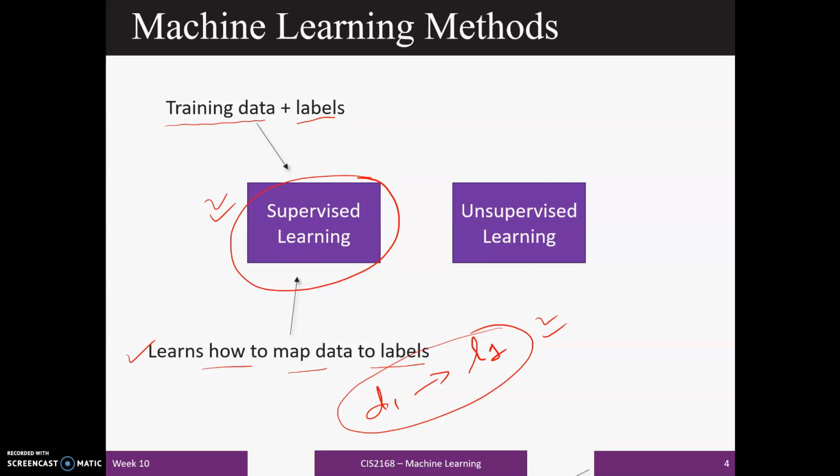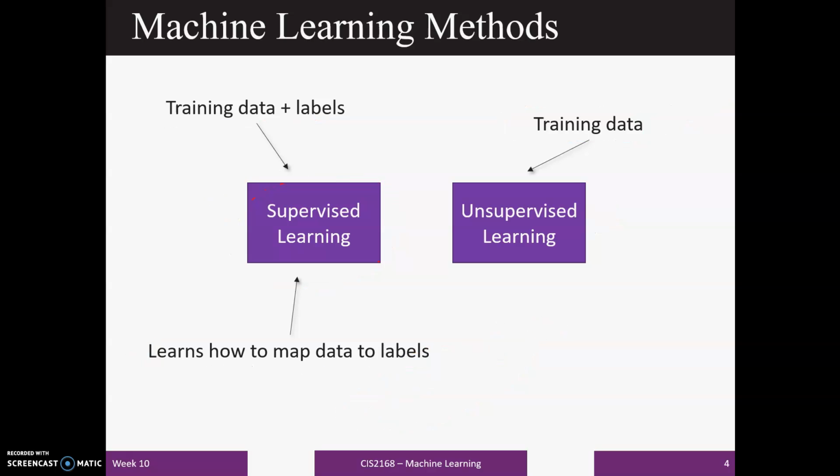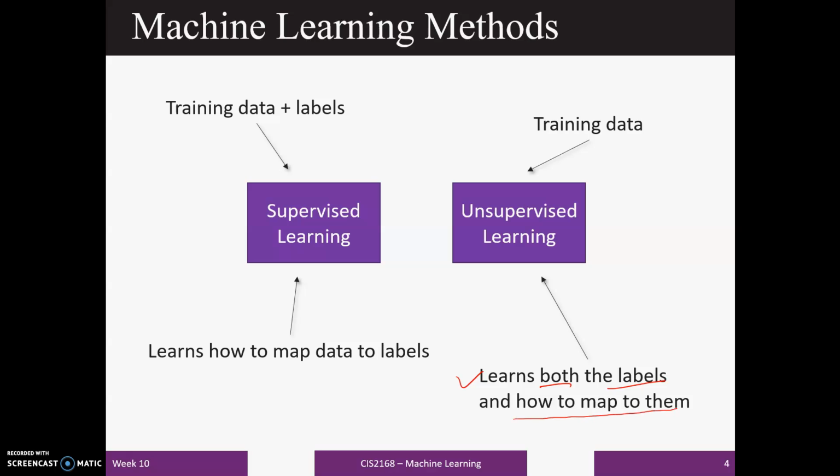On the other hand, unsupervised machine learning will be applied on the data, but no labels. Data will not be labeled data. And what will the unsupervised machine learning method do? It will learn both the labels and how to map them with the data.